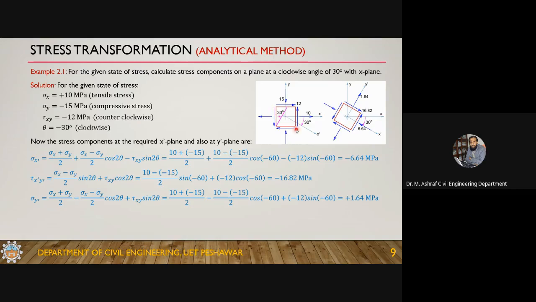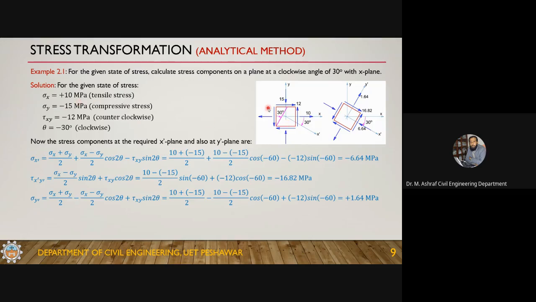If you draw it the other way, it would make a counterclockwise angle. This is normal to this plane, so if this angle is 30 degrees, then this must be 30 degrees, and from x to x prime the angle should also be 30 degrees. It is required to calculate stresses on this plane.